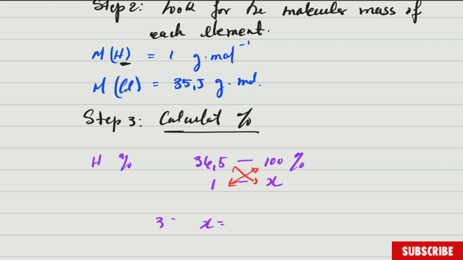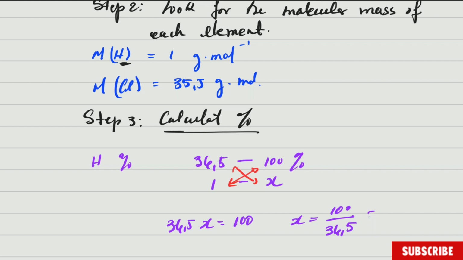All right. So when you do cross product here, you will get that 36,5x is equal to 100 times 1. So X is equal to 100 divided by 36,5.